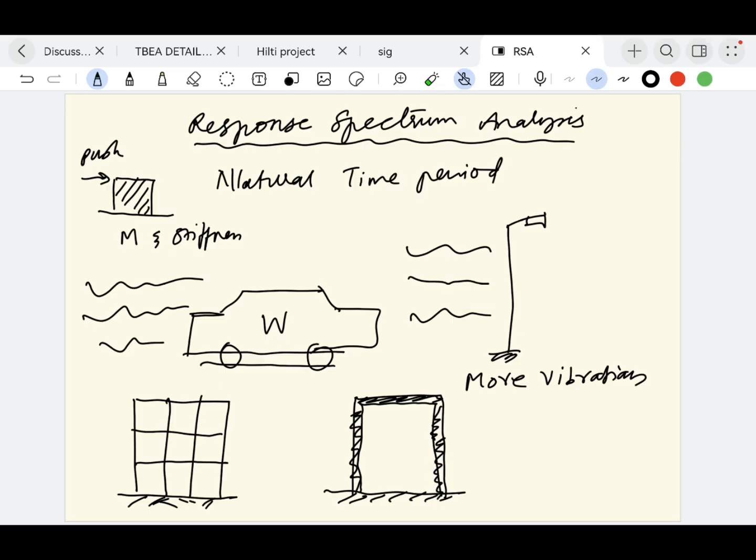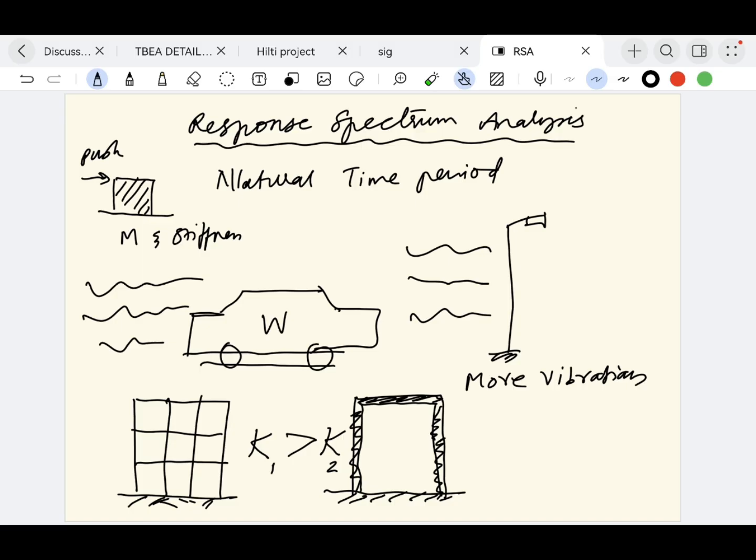Definitely the stiffness of this building is more than the stiffness of the framed building. So when stiffness increases, time period decreases.